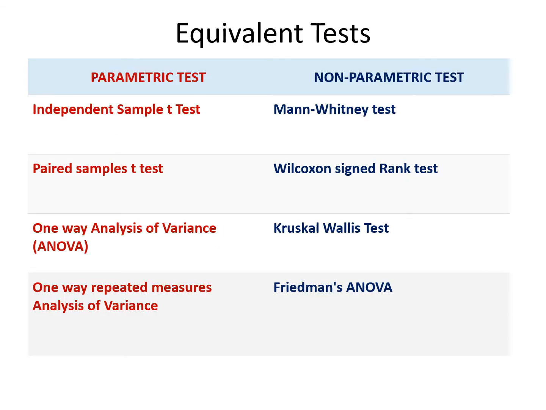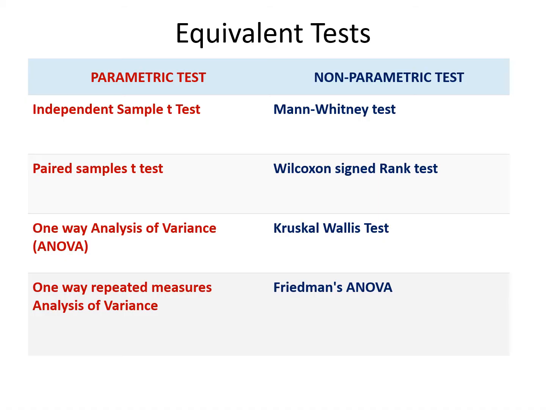Okay, so may I give you the equivalent tests? If you're going to test a hypothesis involving an independent sample, and you are measuring a parametric test, we will be using the t-test.